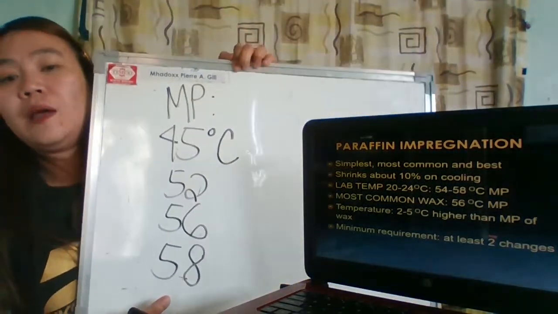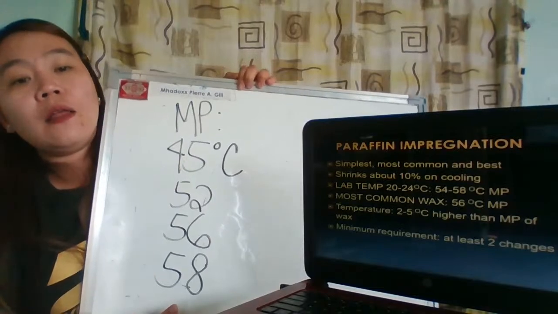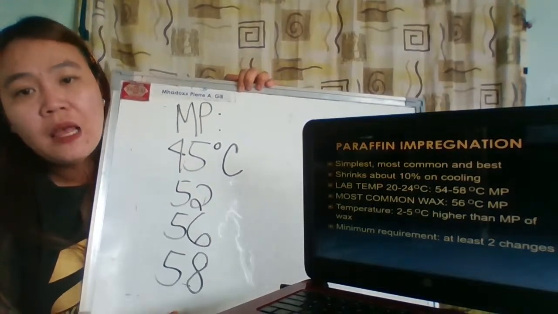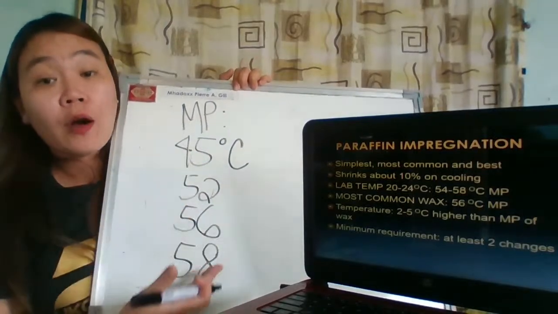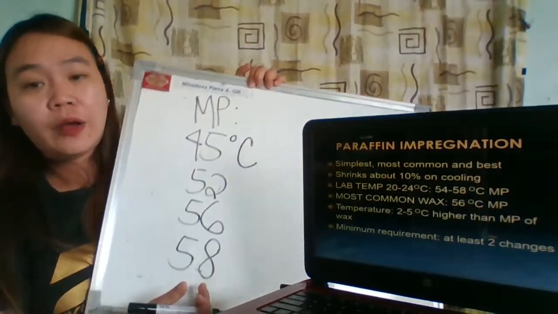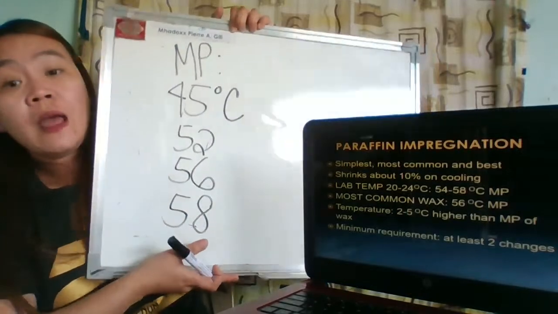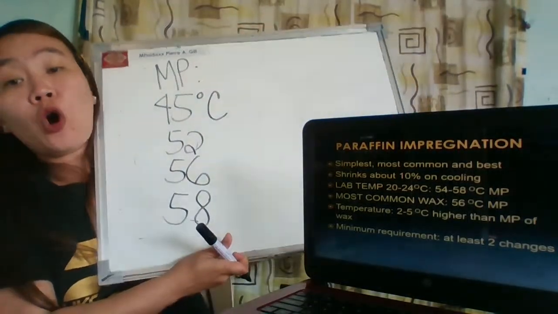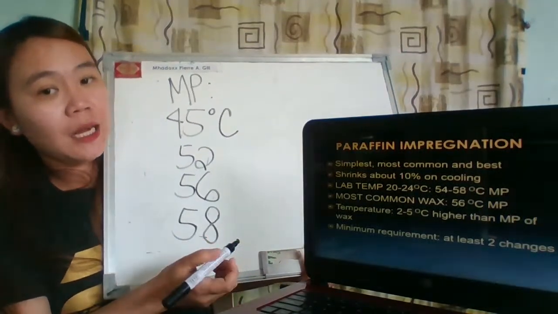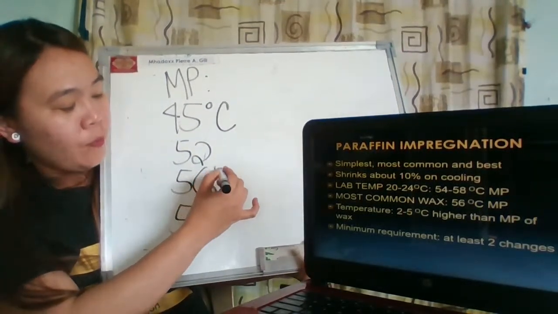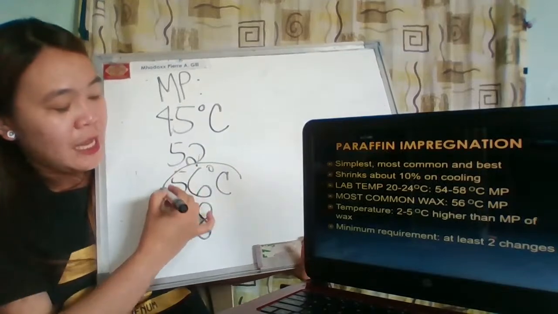These are the melting points of the common waxes that we use in the laboratory. Out of these four common waxes, the most commonly utilized wax in the laboratory has a melting point of 56.